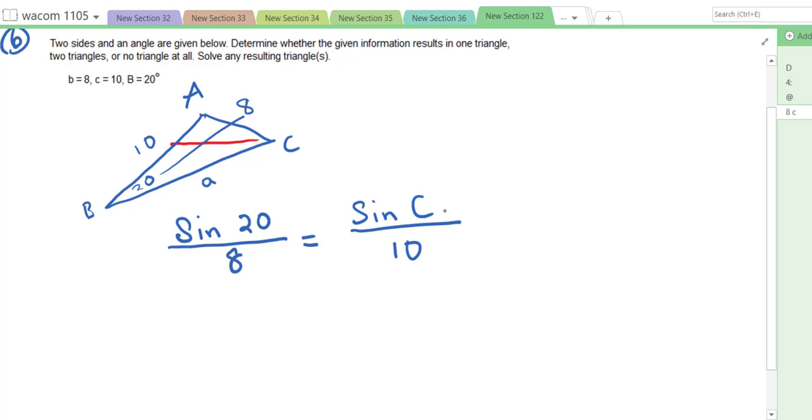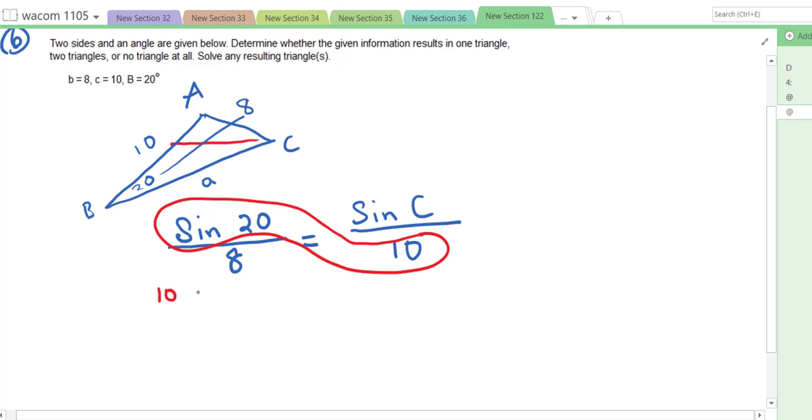All right, so we want to solve for C, and we'll multiply this way. So 10 times the sine of 20 divided by 8 will give us the sine of C, and then we'll do inverse.